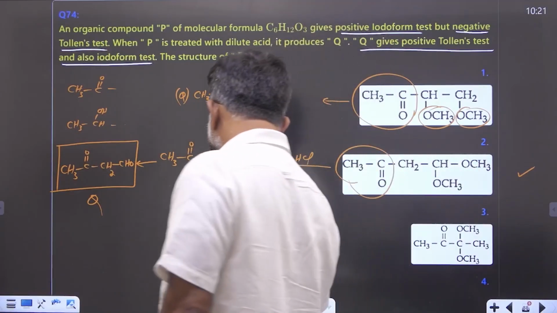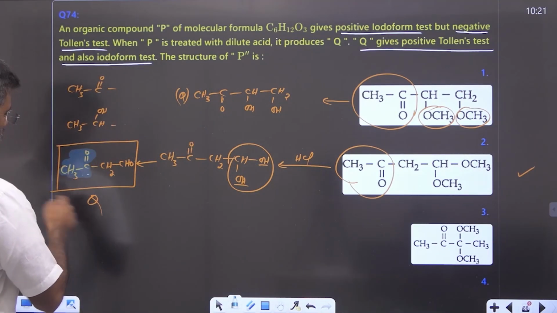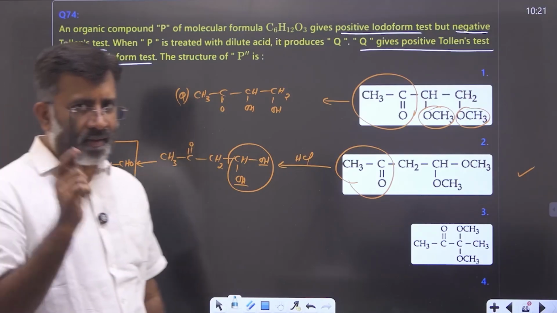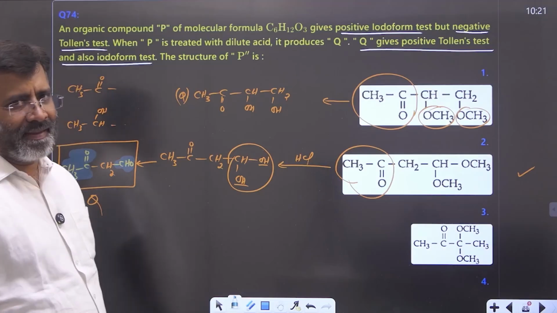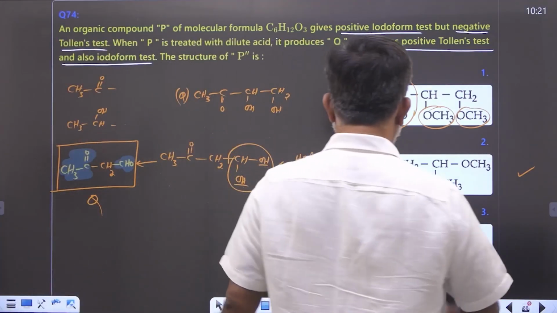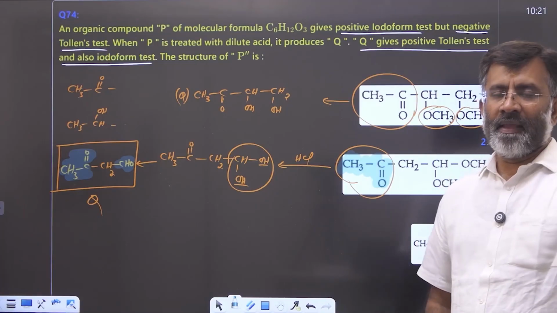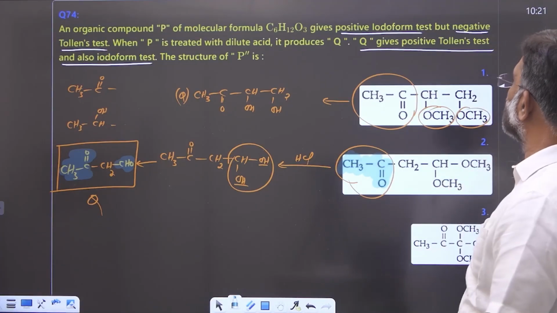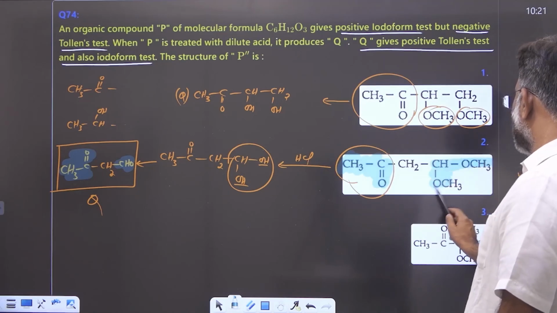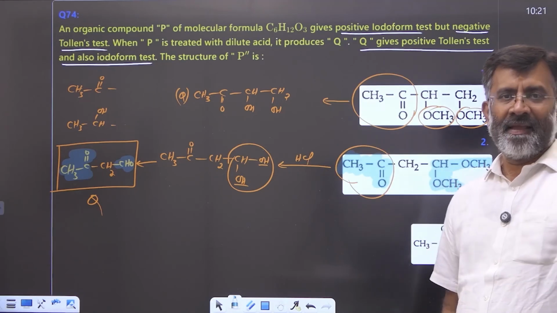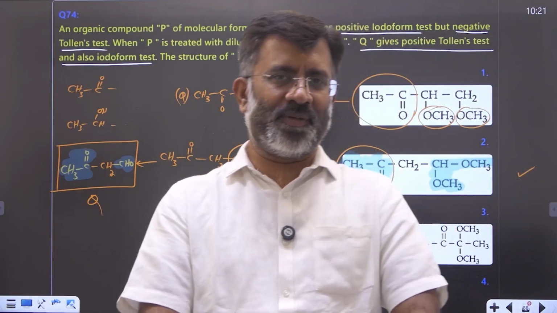Now this is Q. Q can give you the iodoform test because here you have a methyl keto group. And Q can give you the Tollens test because you have an aldehyde group. And this is P. P can give you the iodoform test because there is a methyl keto group, and it will not give you the Tollens test, because this cannot provide the Tollens test. But upon hydrolysis, that group will be converted to an aldehyde group.